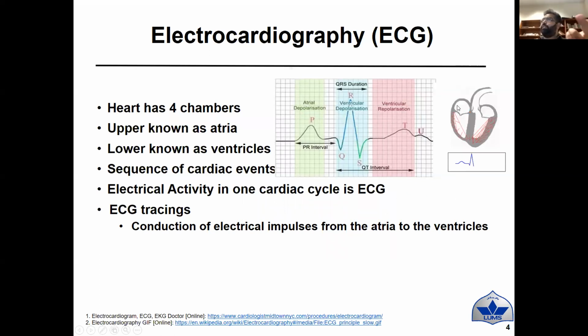So we have basically 2 atria and 2 ventricles. Under normal circumstances, an electrical impulse travels through all 4 chambers of the heart. This impulse causes the 4 chambers to contract and relax, as shown in this animation.